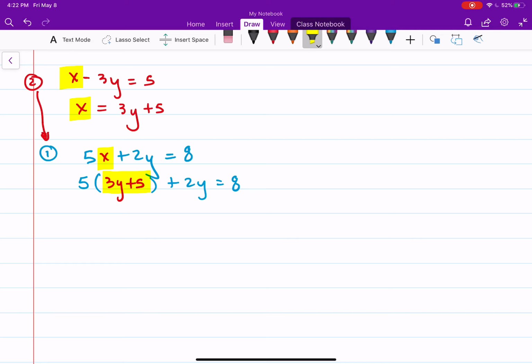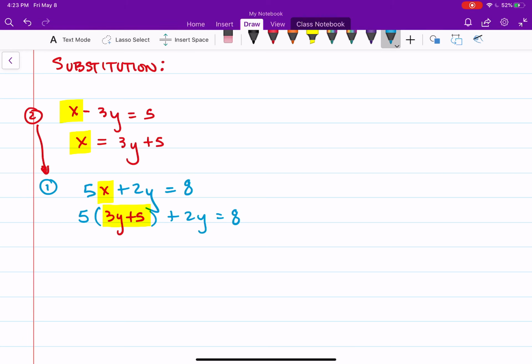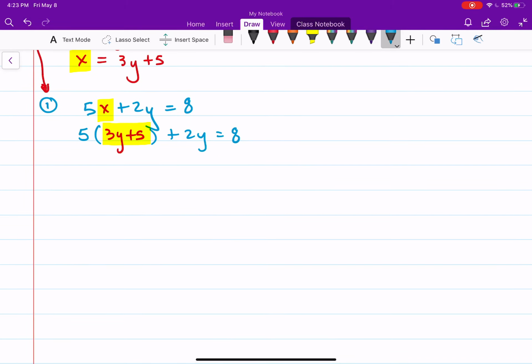Okay, so now I'm down to one equation with one unknown. So now I just finish. I get 15y plus 25, because I have to distribute that 5, plus 2y is equal to 8. Then I have 17y is equal to, I've got to subtract the 25, so I got negative 17.